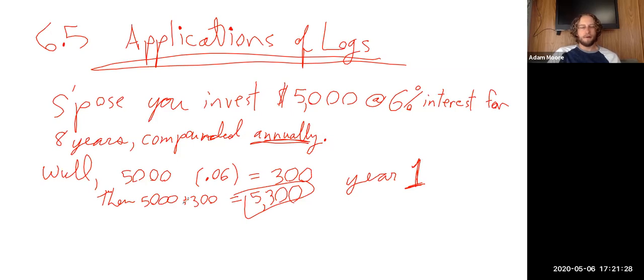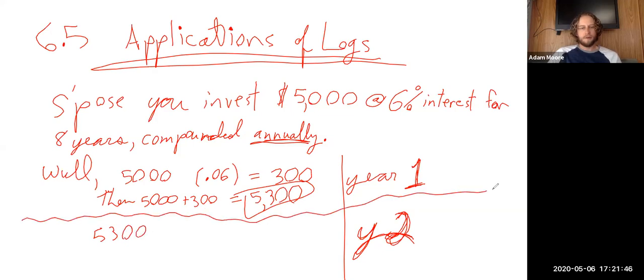Because then you'd be like, well, okay, let's try year two. Okay, so year one, year two, you do the same thing, except that now we're starting out with 5,300 in the account. So in year two, you start out with more money.